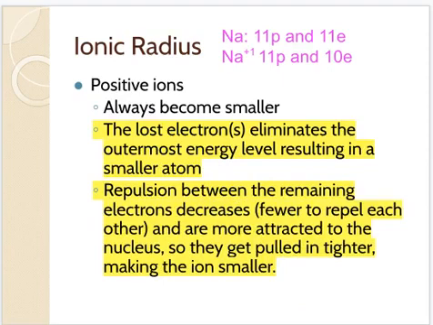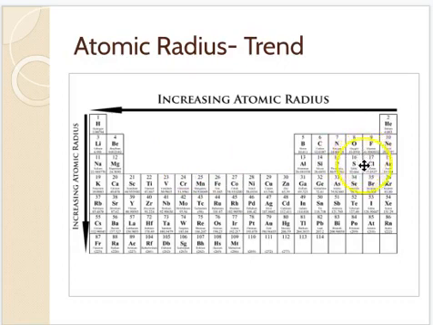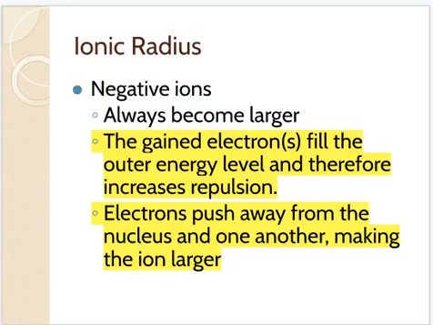If we look at a negative ion, let's take a look at chlorine. Chlorine is over here on the right side of the table. I've got 17 protons.